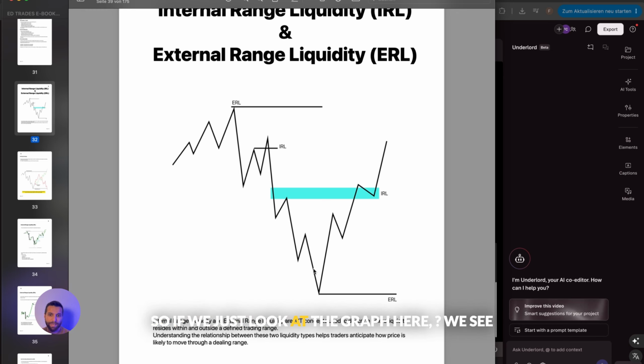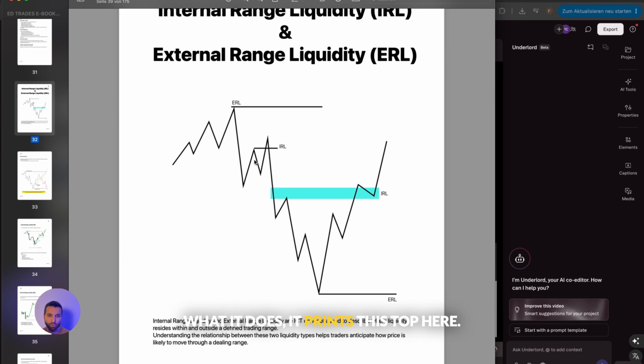So if we just look at the graph here, we see the higher time frame range, all right, and then we see a couple of moves within that range. Okay, we do see a market structure shift at the top here, and then we see price basically retesting that area, and then what it does here, it fakes a move to the downside and then engineers buy side liquidity.